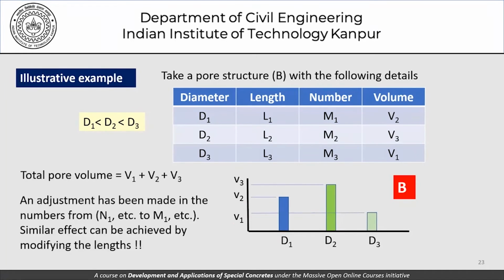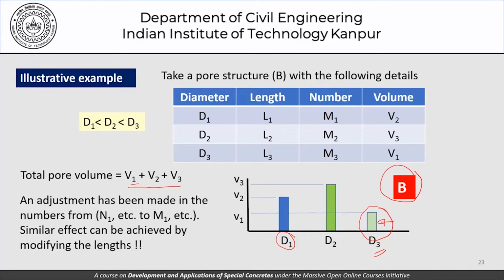Now we can draw for another material, B. We can do the same kind of discussion here where the volume corresponding to D3 is the smallest, the volume corresponding to D2 is the largest, and the volume corresponding to D1 is somewhere in the middle, maintaining therein the total pore volume still being V1 plus V2 plus V3.